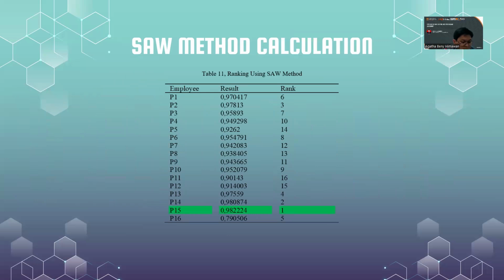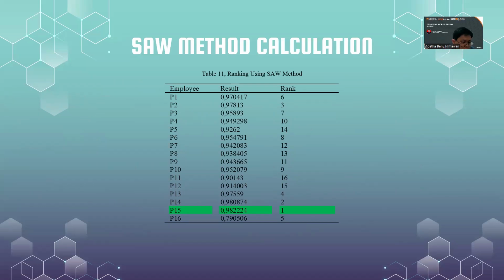Of the 16 employees at the PAG Sorong station, it was found that P15 employee ranked first with a preference value of 0.98224.